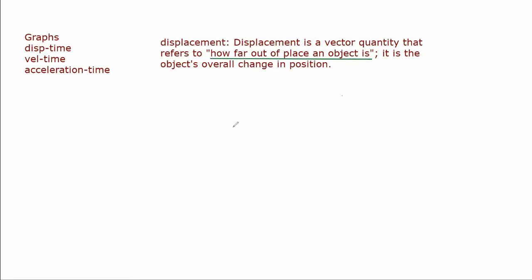Previously we did an example where an object starts from this position, moves up to this point, then to this point, and then gets back.